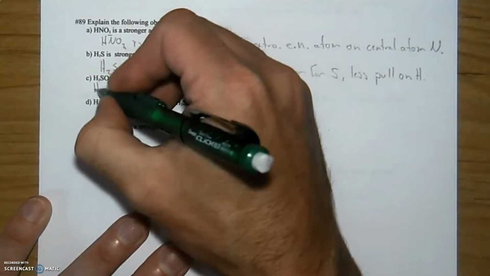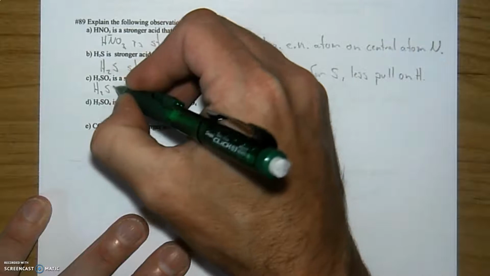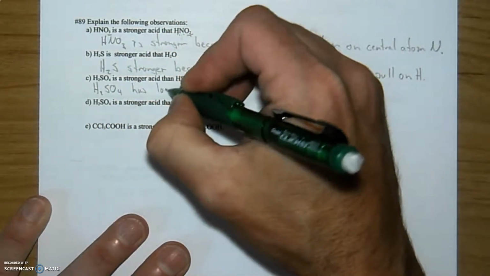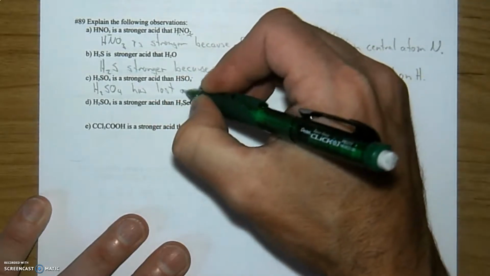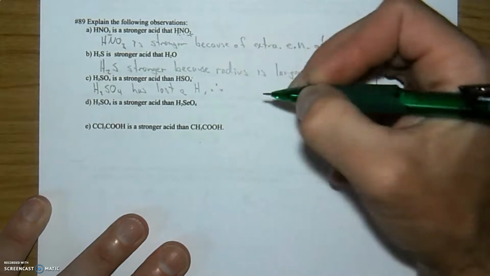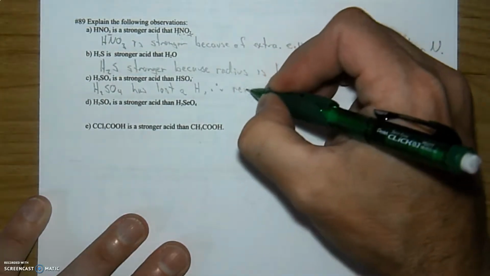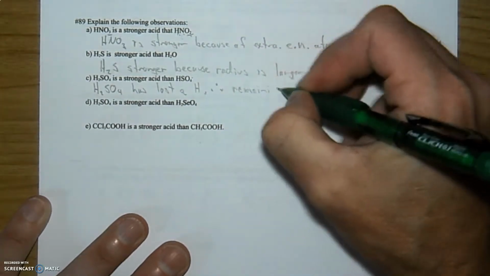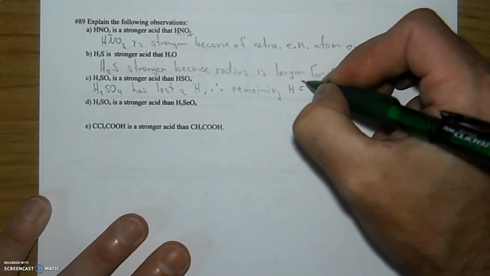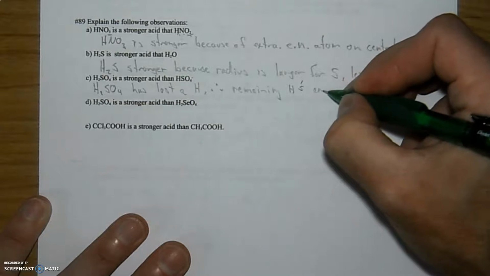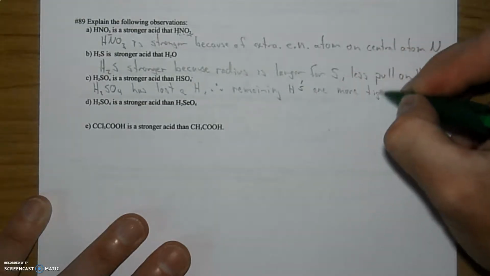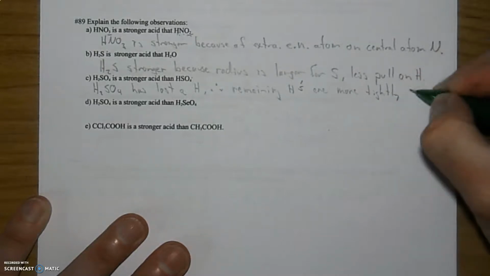So H2SO4 has lost a hydrogen, therefore remaining hydrogens are more tightly held.